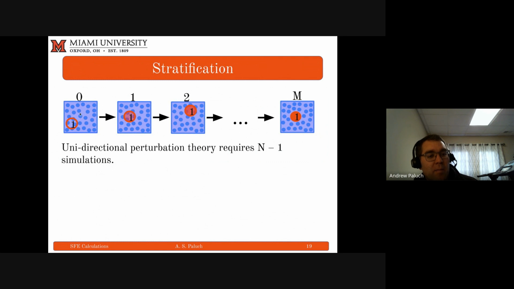Within state 0, I'm going to estimate the free energy difference between 0 and that intermediate state, which I don't actually model; I find it post simulation. Likewise, I perform a simulation in 1, estimate the difference between 1 and that intermediate state, which I find post-simulation. 1 in intermediate state, 2 in intermediate state, M in intermediate state.